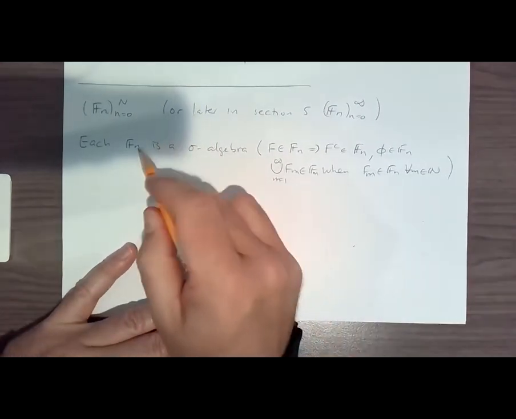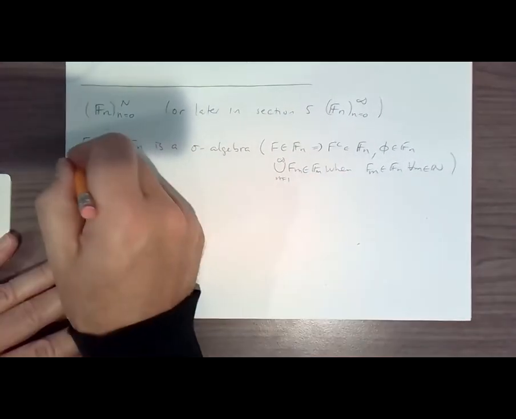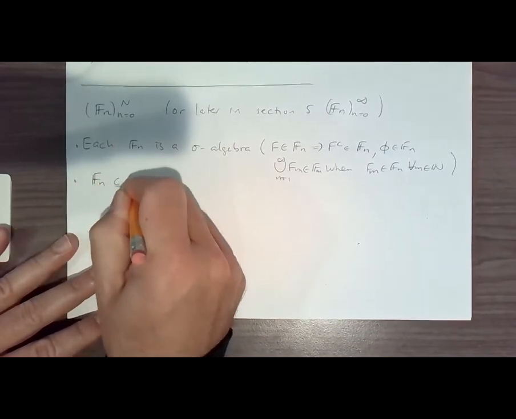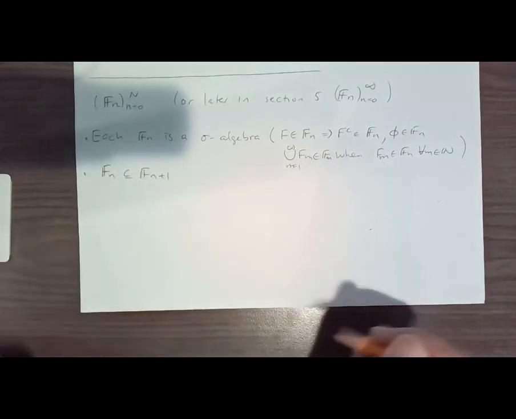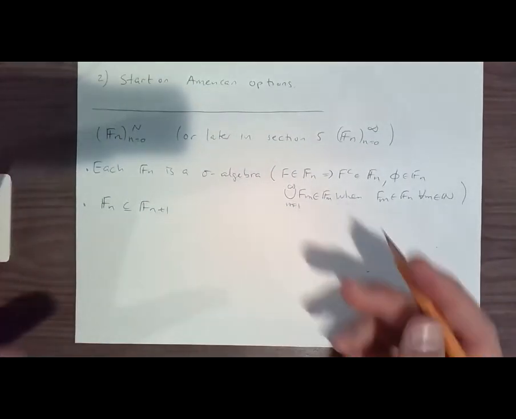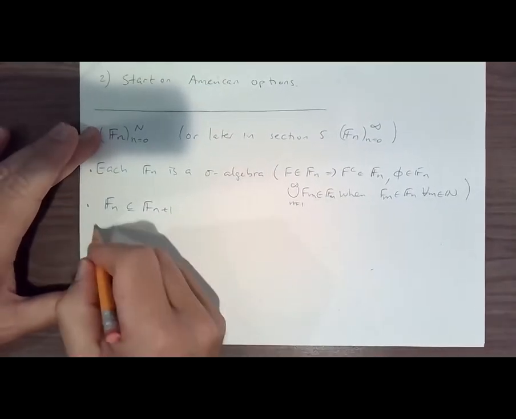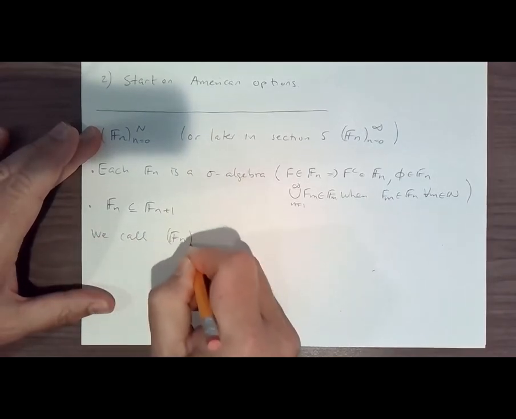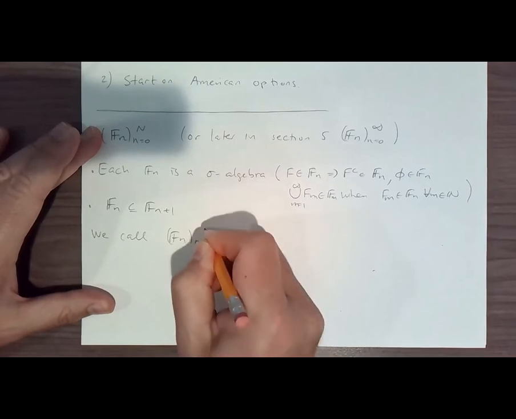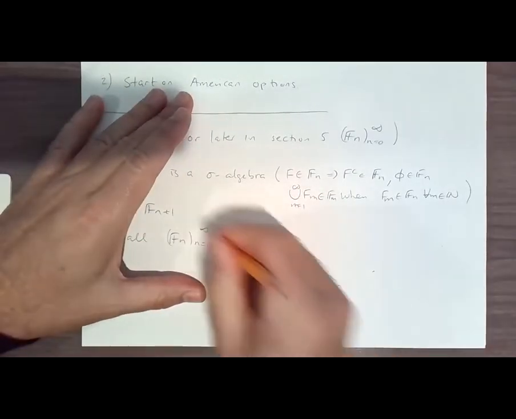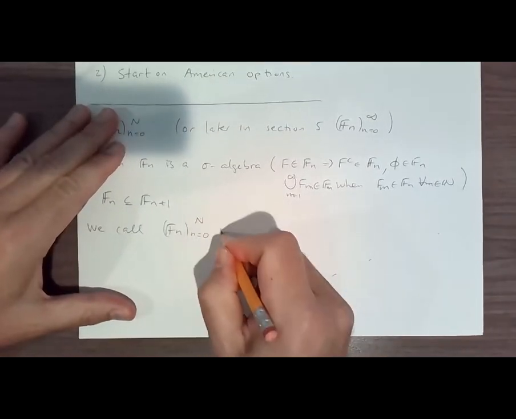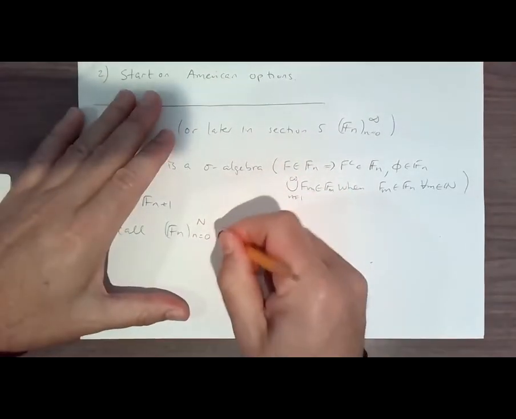So each Fn is a sigma algebra, and then you have this property that it is an increasing structure. So when you have that, you're going to get a filtration. We just round up to n. This is all we need today. We call Fn a filtration.